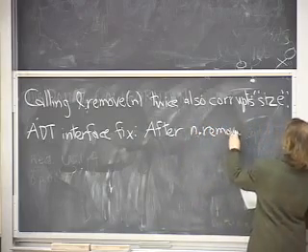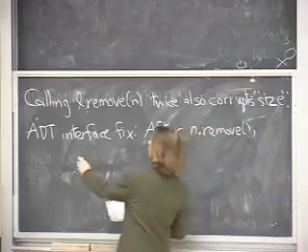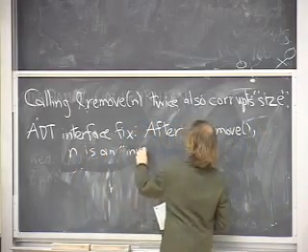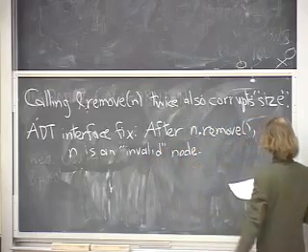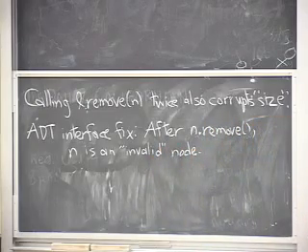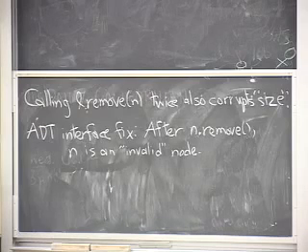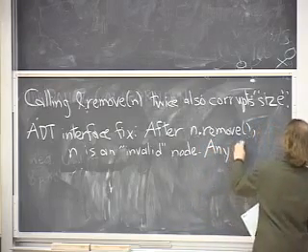You do n.remove, and now n is considered to be an invalid node. And if you attempt to use n for any purpose at all, like calling insert after on it or calling remove on it a second time, it throws an exception.